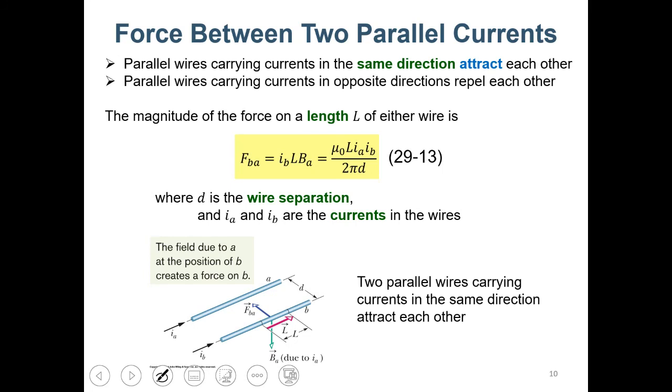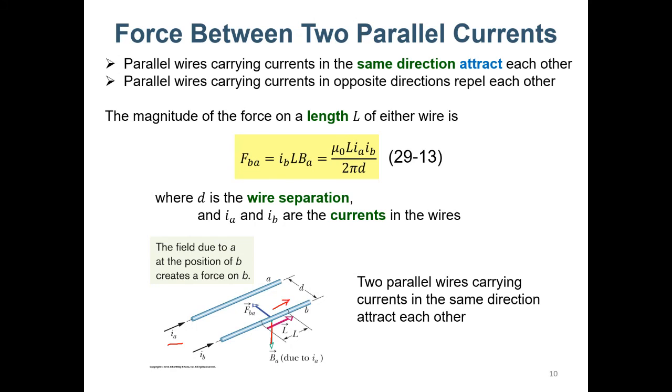And this wire will also generate a B field pointing roughly out of the page, so there will be a force acting on this wire too. For IA, the B field pointing to this side is BA, the magnetic field generated by IA.